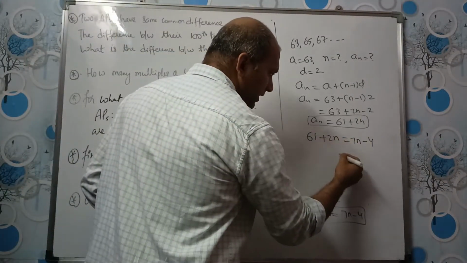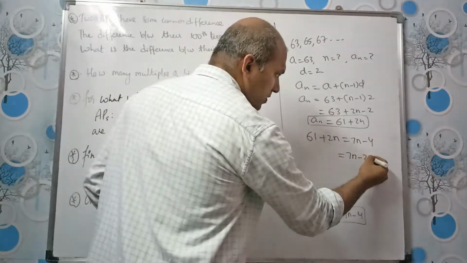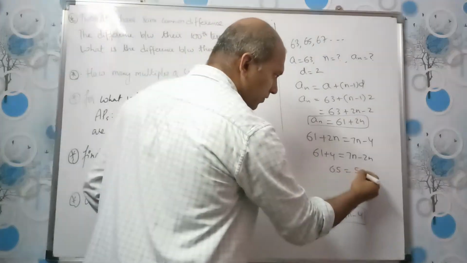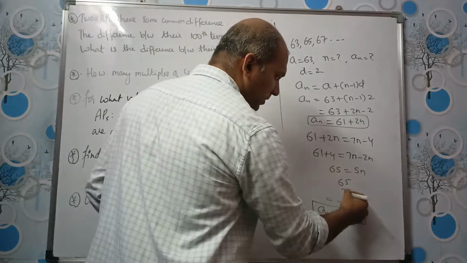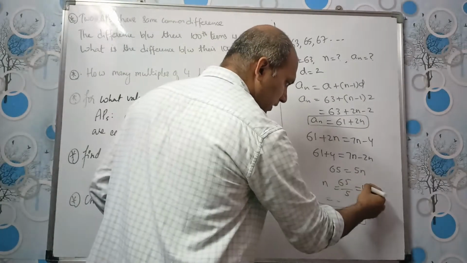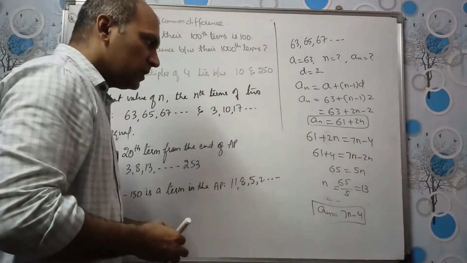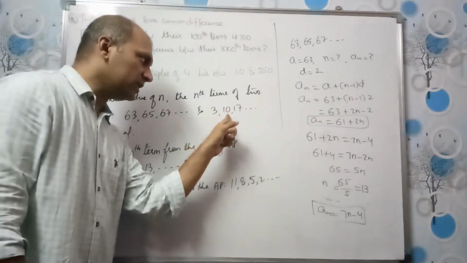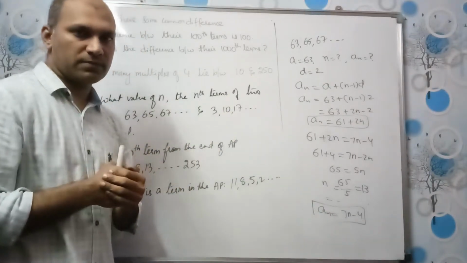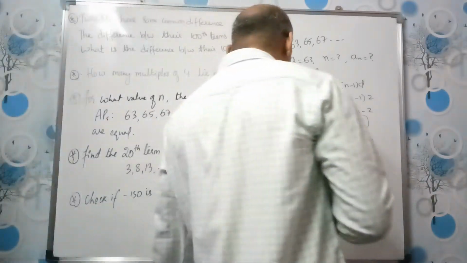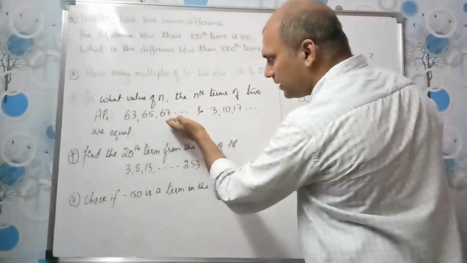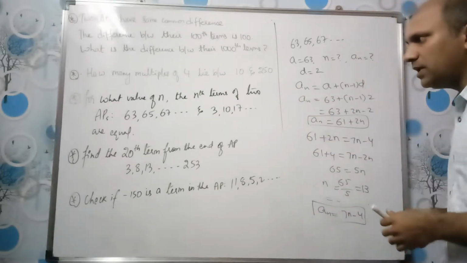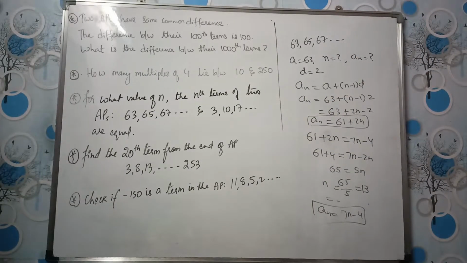So send 2n to the other side, it will be 7n minus 2n. Send 4 this side, 61 plus 4. So this is 65 is equal to 5n. So 65 divided by 5 will be the value of n. So it is equal to 13. So the 13th term of this AP and the 13th term of this AP will be equal. So you go ahead and write 13 terms like this and 13 terms like this. They will be equal.